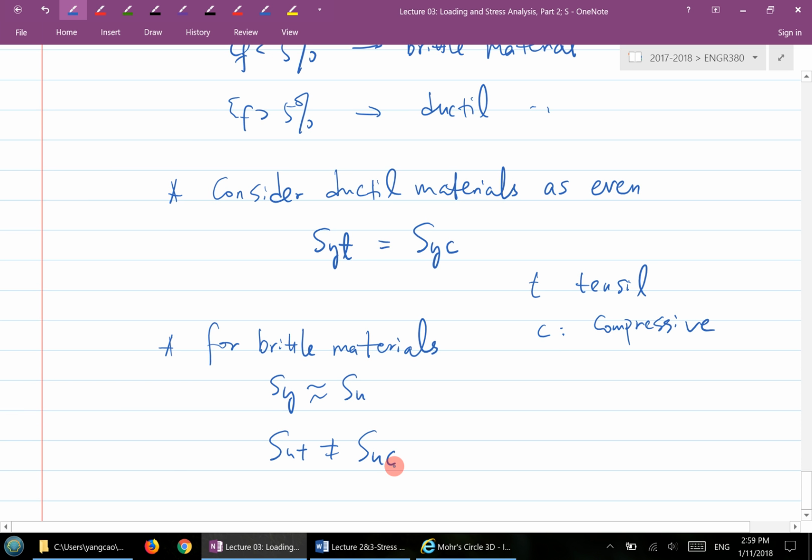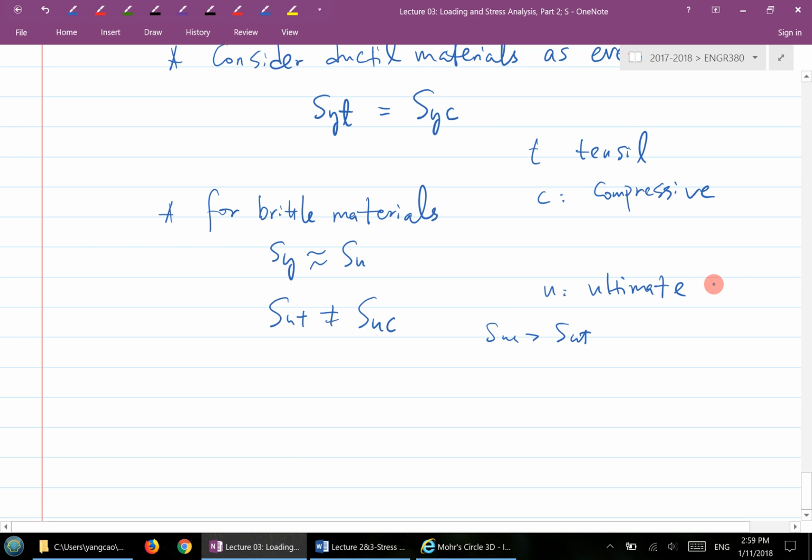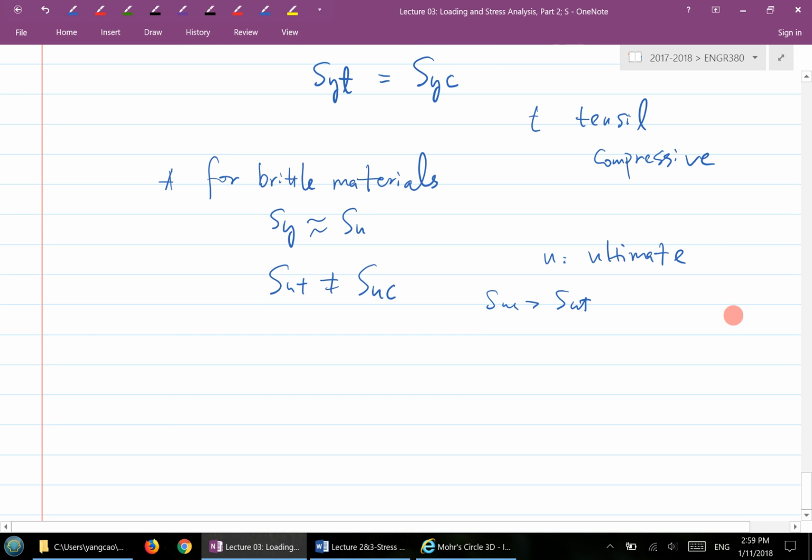So basically, for brittle material, you also have an ultimate tensile strength and an ultimate compressive strength. So the U added here means ultimate. Typically, your S_UC is greater than S_UT for brittle material. So that's the fact for this class here. It's not a fact for every ductile or every brittle, but most of the time it is true.